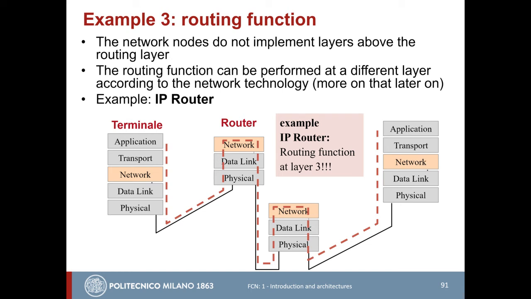So I understood that if the information packet is not directed to a certain terminal, it doesn't reach the transport and the application layers, and it just moves on to the other route. The packet never reaches the transport and application layers until it reaches the final destination, that is the host.